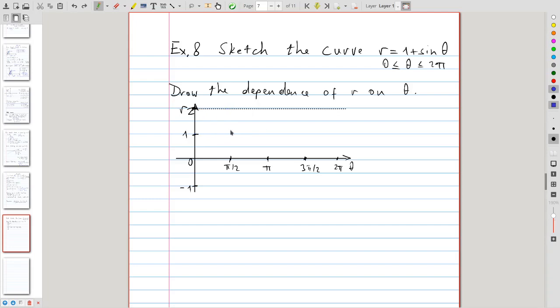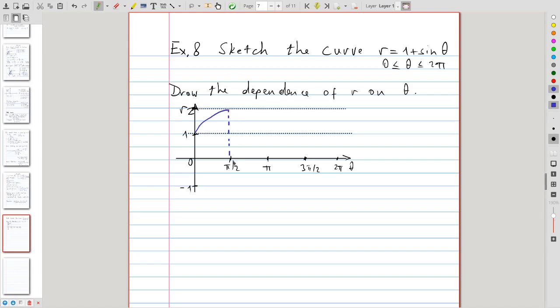In fact, let me draw the line r equals 1 here, just to guide me in sketching this graph. Okay, so then I have 1 plus sine theta go from 1 to 2 here, like so.